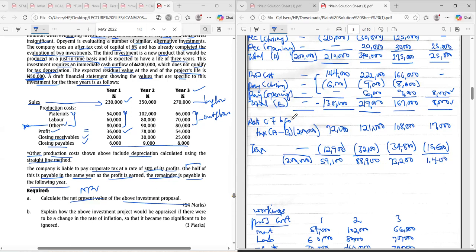Your net cash flow before tax minus tax. Okay. Your net cash flow before tax, which is this 72 minus this, 121 minus this 32,100, 108 minus 34,800. That's what we are doing. So this is now our net cash flow after tax, Abi. Once you have gotten to after tax, your work is done. You now move to your discount factor, Abi.